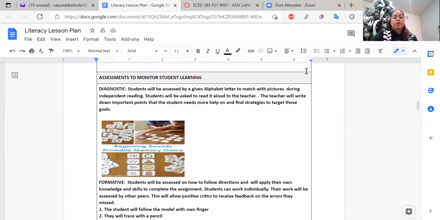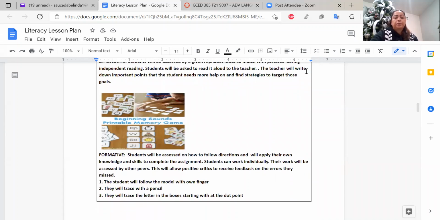For the assessment to monitor the students' learning, the diagnostic: students will be assessed by a given alphabet letter to match with pictures during independent reading. Students will be asked to read it aloud to the teacher, and the teacher will write down important points that the student still needs to learn more or needs help on, and find strategies to target those goals.